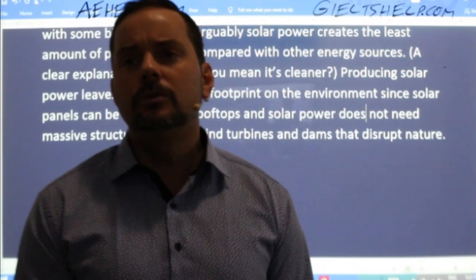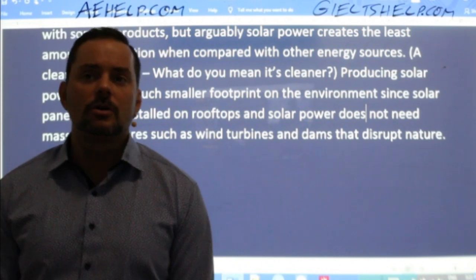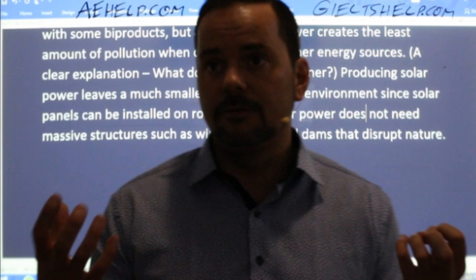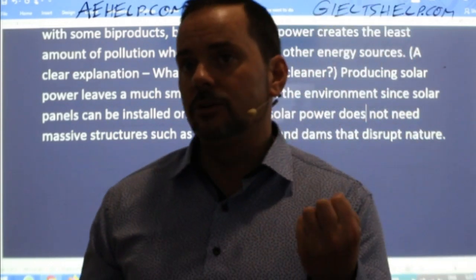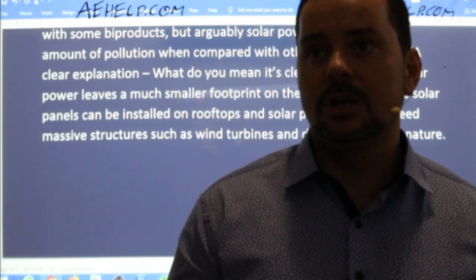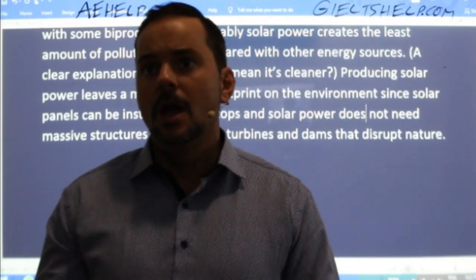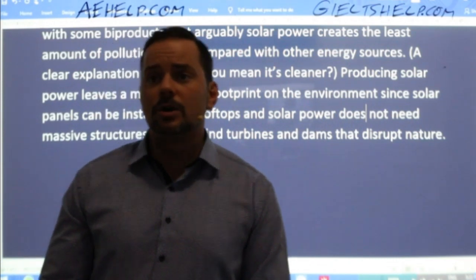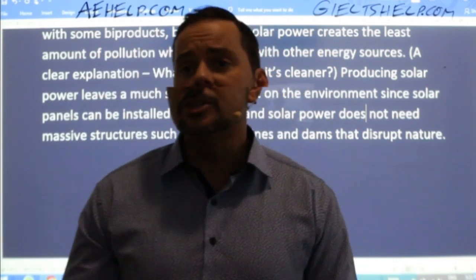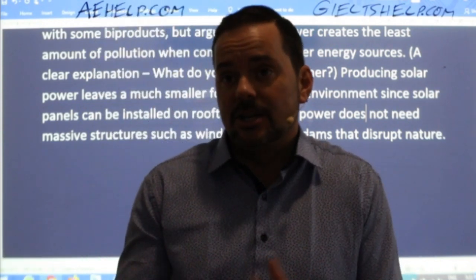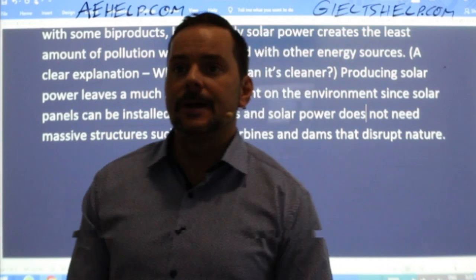Now, Omar, do remember that we're not comparing solar power to fossil fuels. We're comparing solar power to other renewable energy sources. Pedram is asking, can I use the words in both short and long run? Yes, you can. Just make sure you're using it accurately in the context that you're expressing.